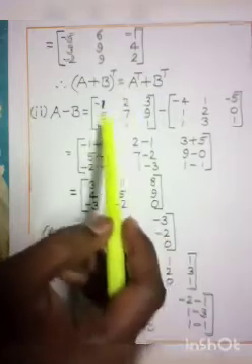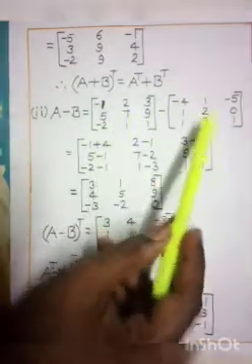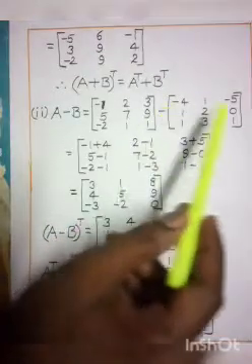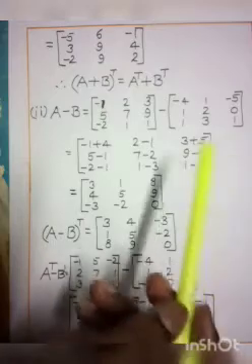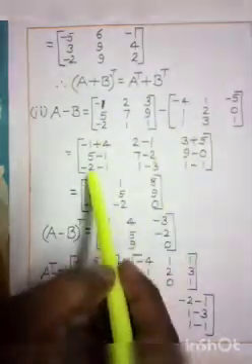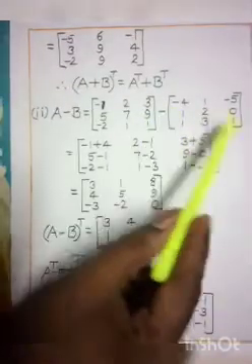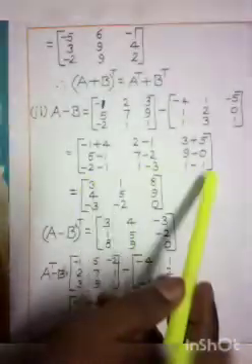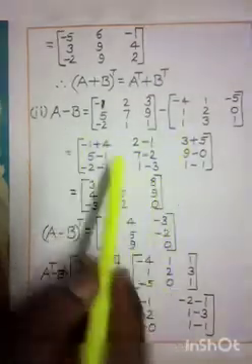Right. Second row. 5 minus 1. 7 minus 2. 9 minus 0. Understood these second row elements, my dear children? Right. Now third row. Minus 2 minus 1. 1 minus 3. 1 minus 1. Understood these elements in the third row, my dear children? Right. Now we simplify these numbers.